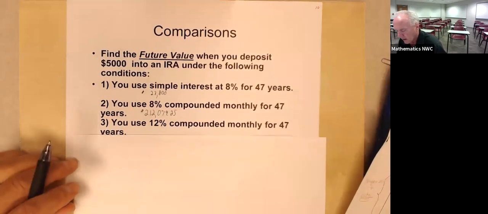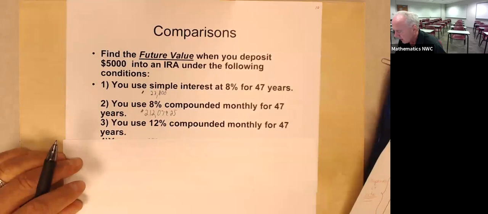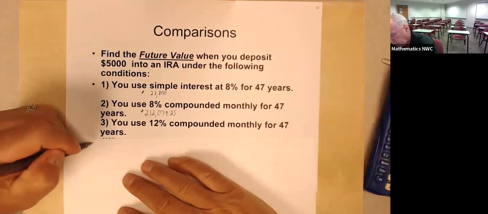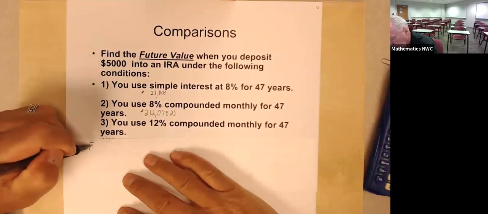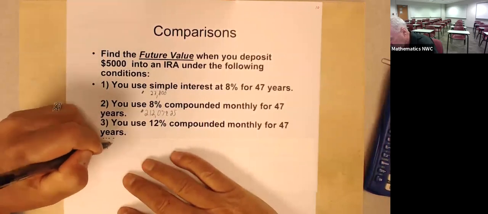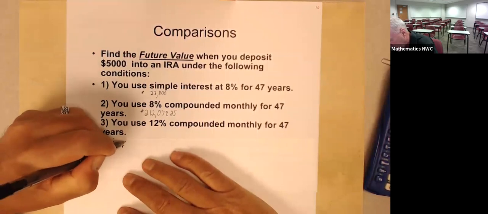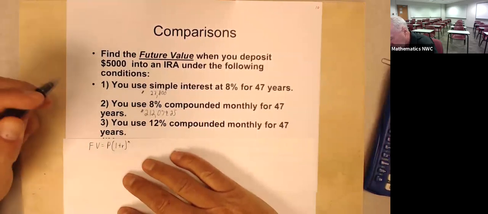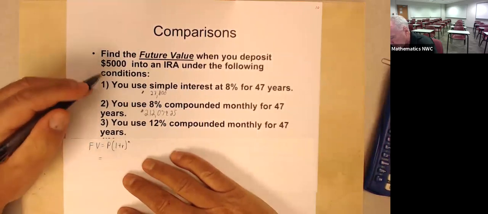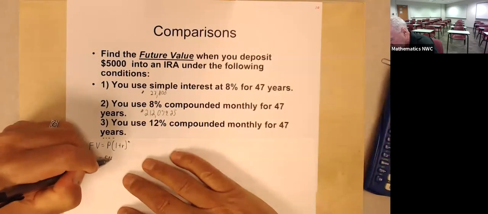Let's now take a look at number 3 and 4 and then compare those values. The formula, it's compound interest, so it's principal times 1 plus I to the N. I'm going to put those numbers in just directly here this time, 5,000.